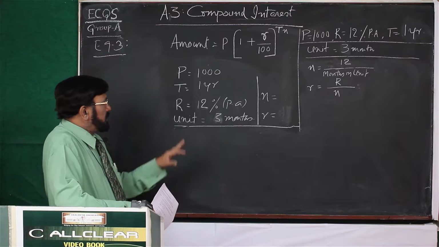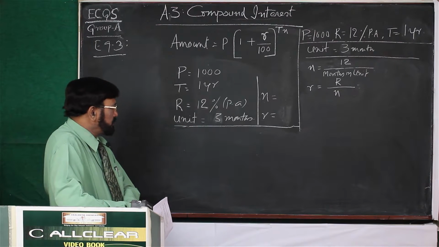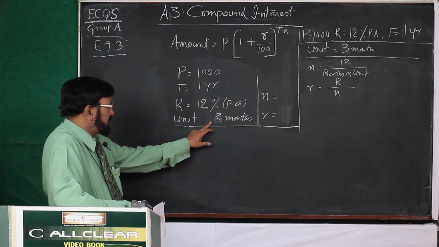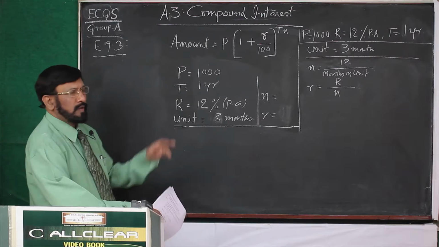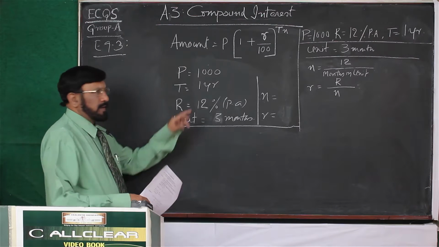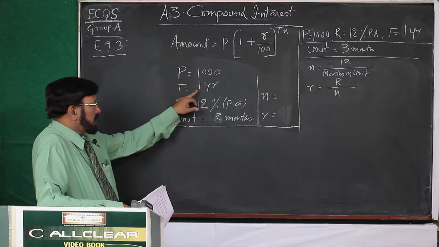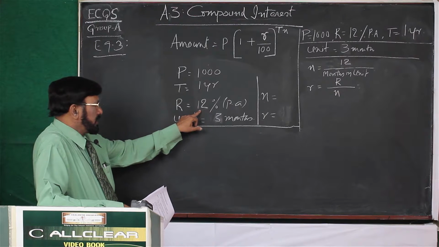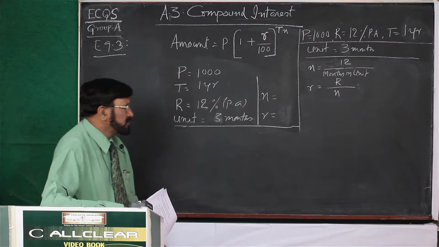Now let us see example number 3. Here all the information is the same as the second example, except one change, that is, the unit period I have taken as 3 months. Now principal 1000 rupees, time 1 year, rate of interest 12% per annum, unit period 3 months.